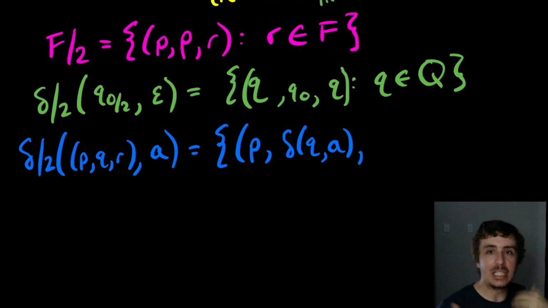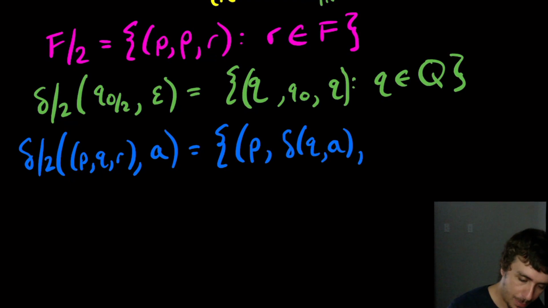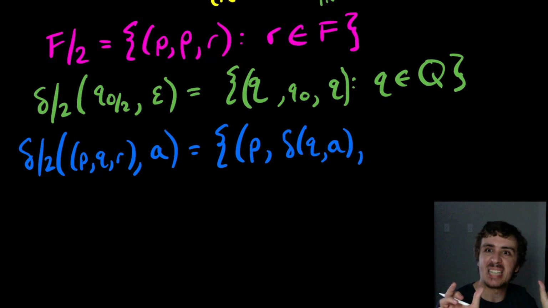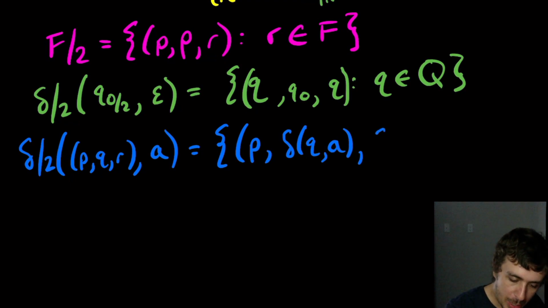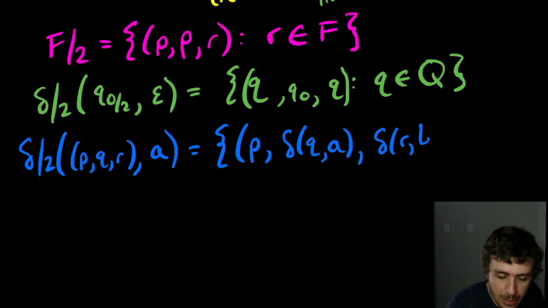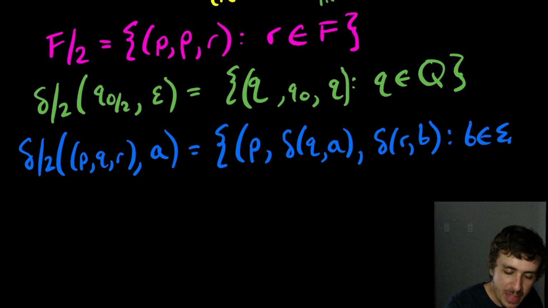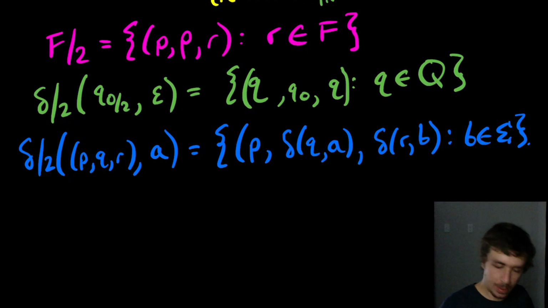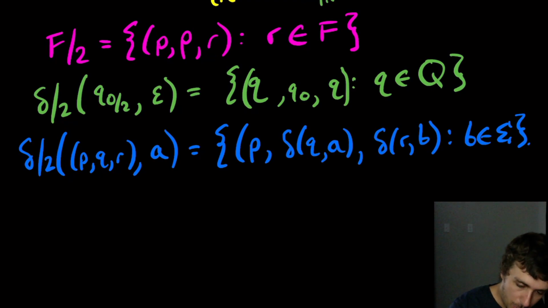As long as it has some choice to make, we're okay. We don't require that the two halves be exactly the same. So here we're going to have delta of R, and this could be a different symbol, let's call it B, for any B in the alphabet. And I better close this off because it's an ordered triple.